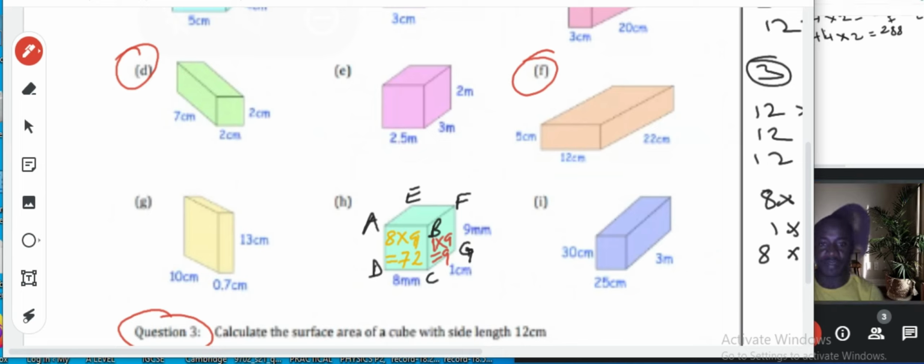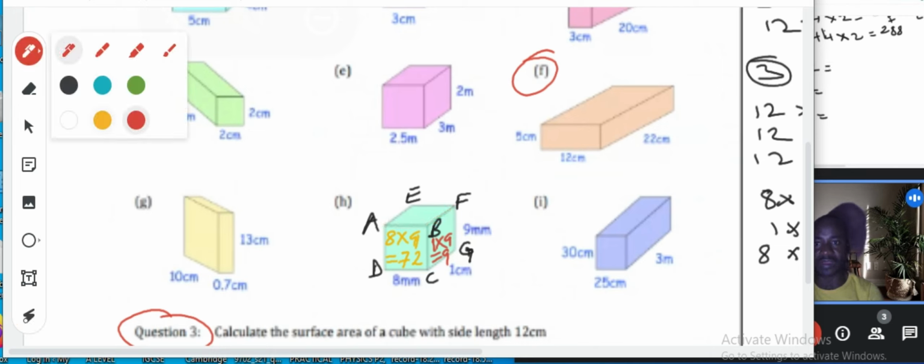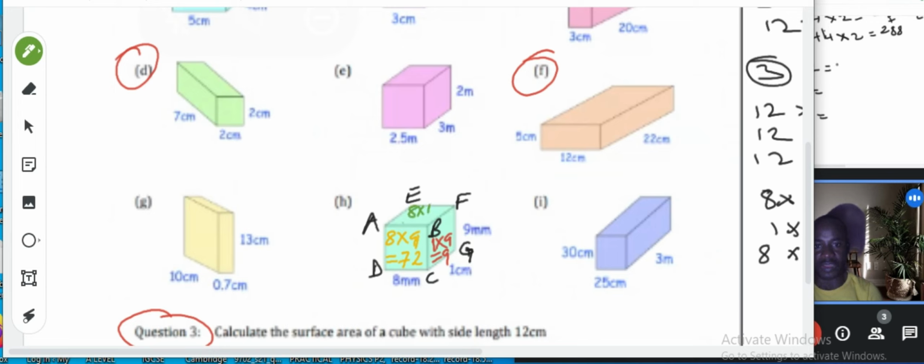ABFE. 8 times 1. This is 8 and this place is 1. So length times breadth is 8 times 1. Okay, so this is 8 times 1, which is 8.